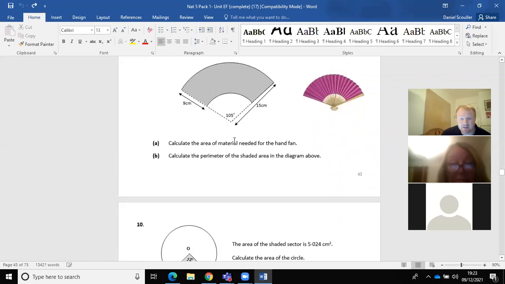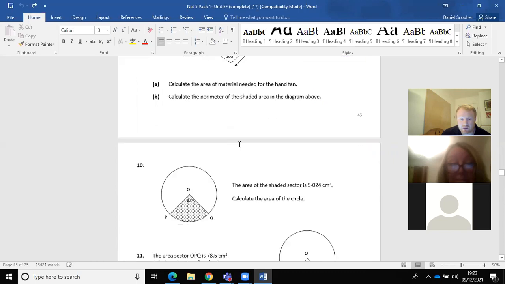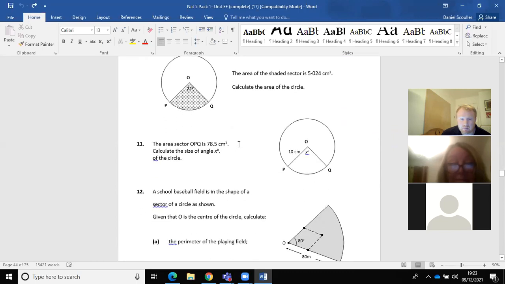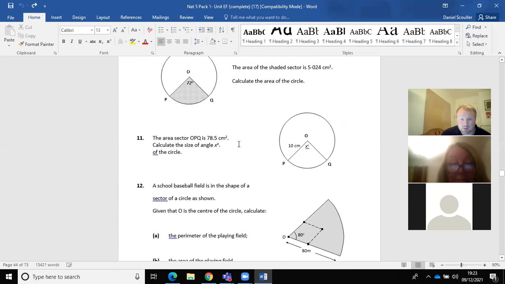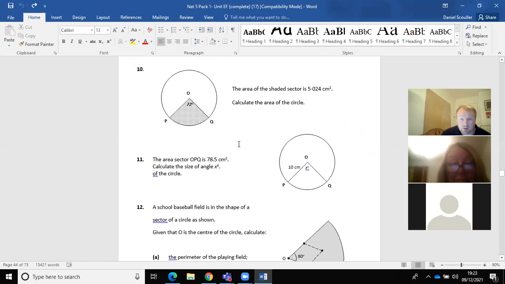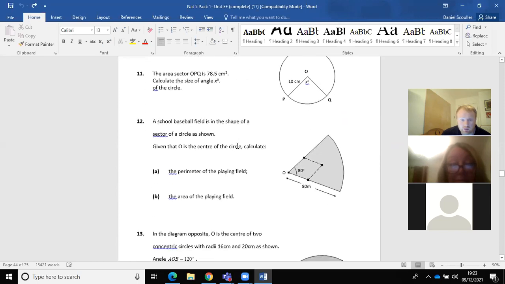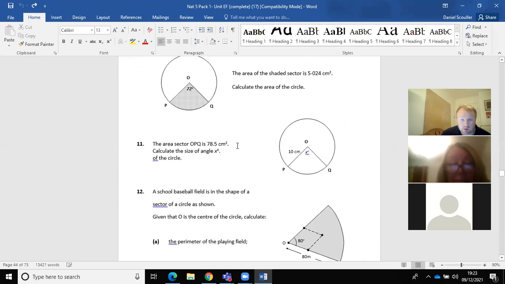Question 9, I ask you for the area and the perimeter, so we go at that. Area of the shaded sector. Right, avoid 10 and 11.